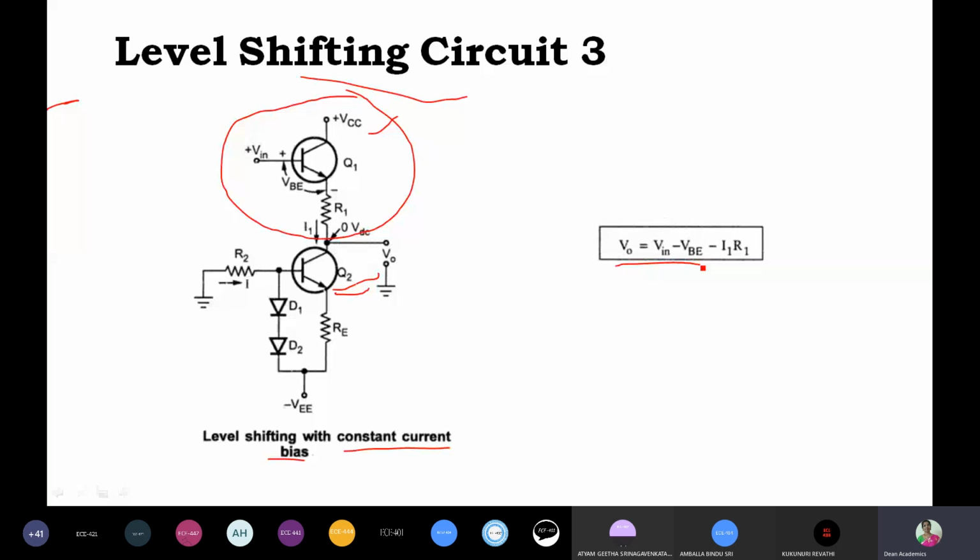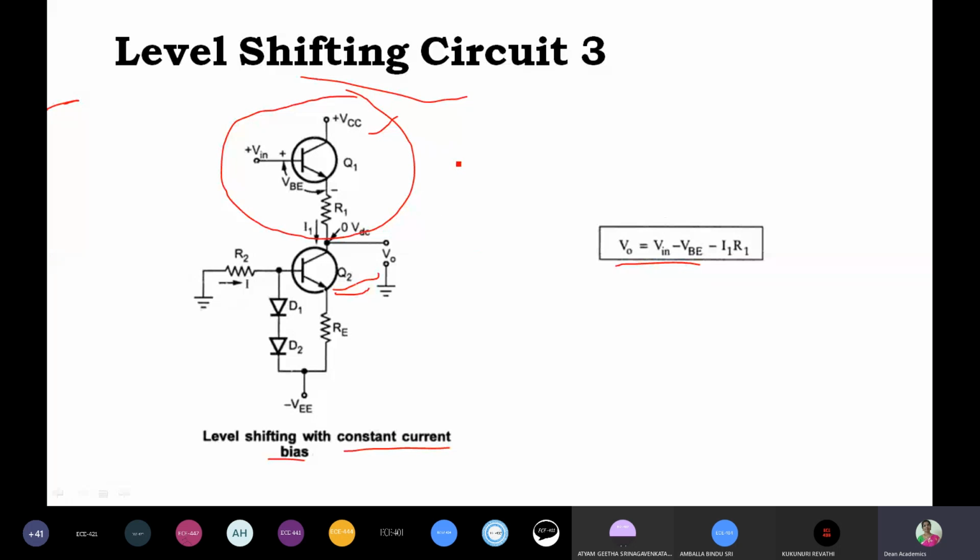With that we didn't get much effect. Therefore we added one more resistor at the bottom. Now with R1 and R2, with the factor R2 by (R1 plus R2), we are able to control the output.